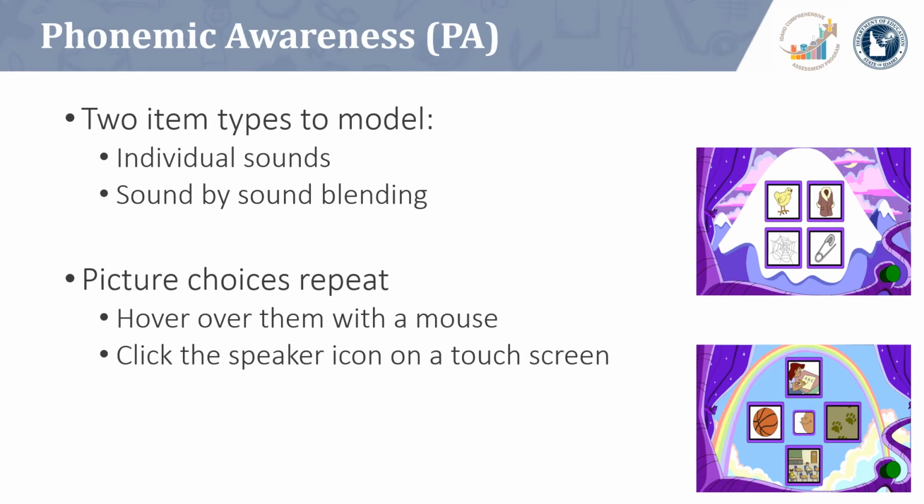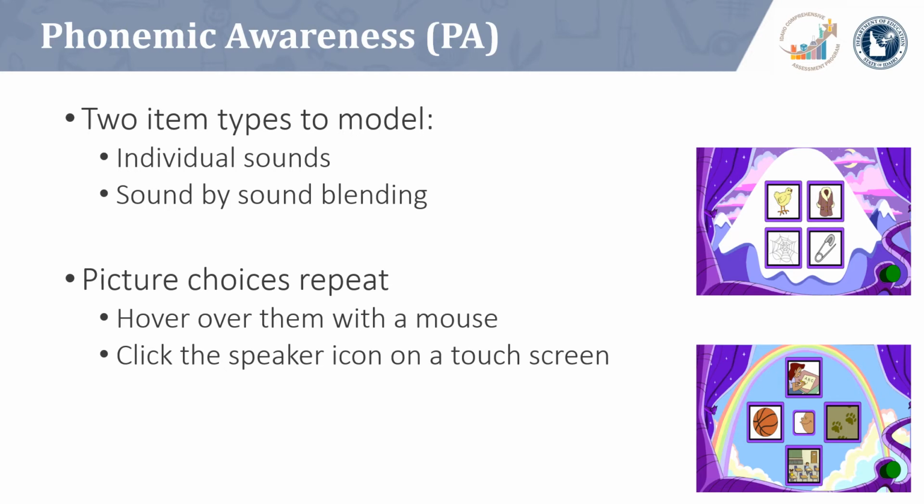Remind students during modeling to pay attention to the green highlight around the picture so they will know what the picture is showing. Equally important with the individual sound items is to model for students that they can have the picture choices repeated by hovering over them without clicking.